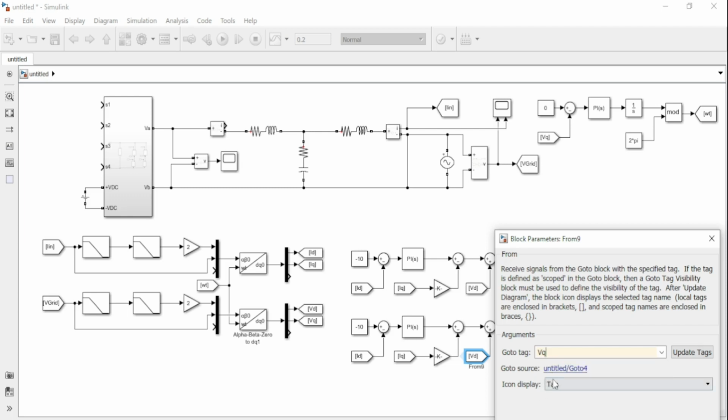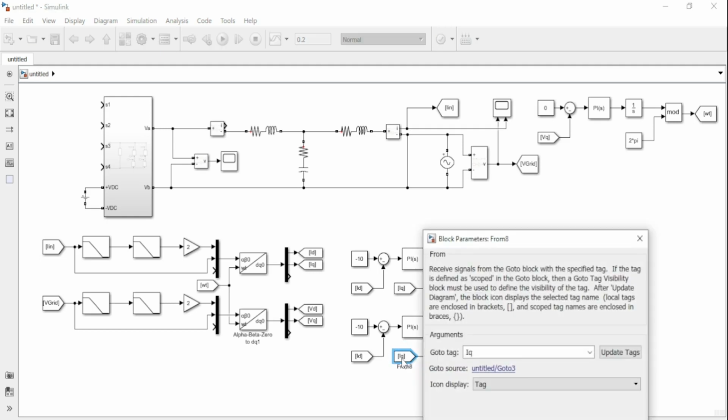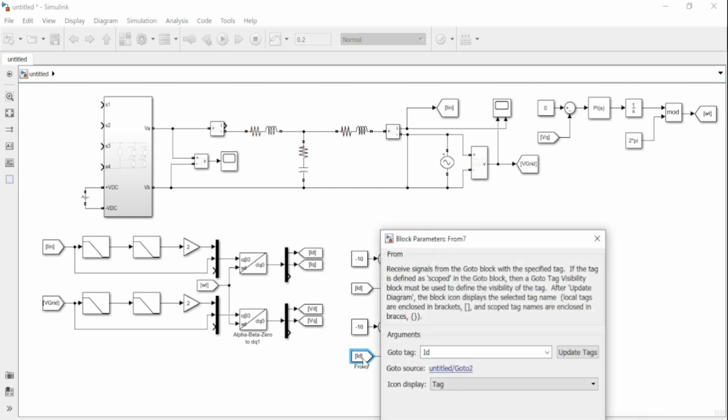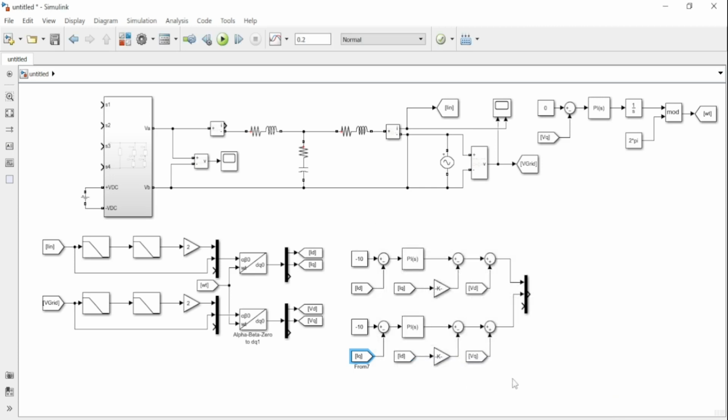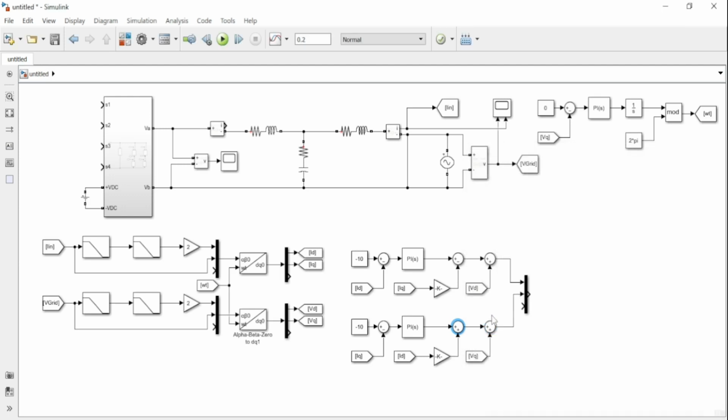So here we set to VQ. And then this is ID. Remember here we are decoupling. And this is IQ. Don't forget to change the signs here from minus to plus.